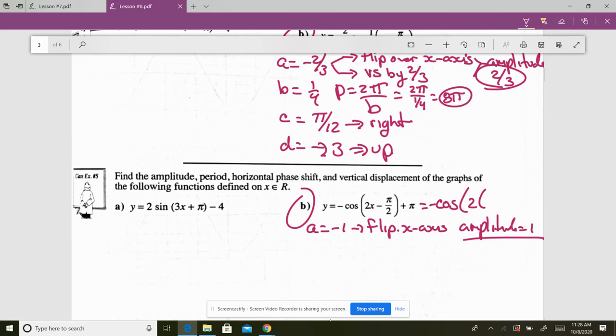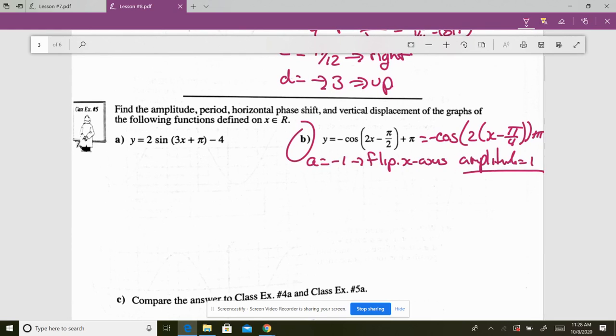So you pull a 2 out, and I get x minus what? Pi over 4, plus pi. Okay, so b is 2.